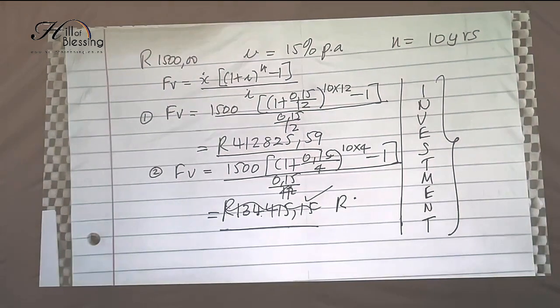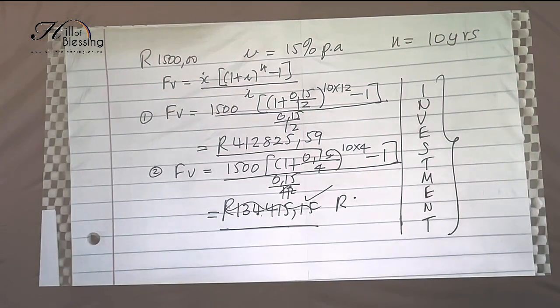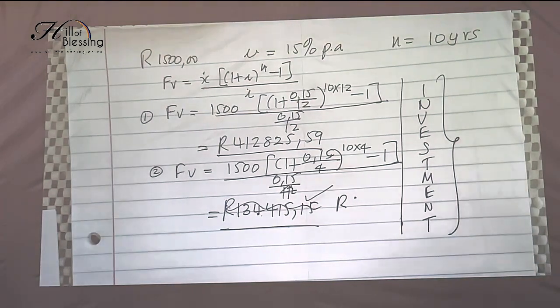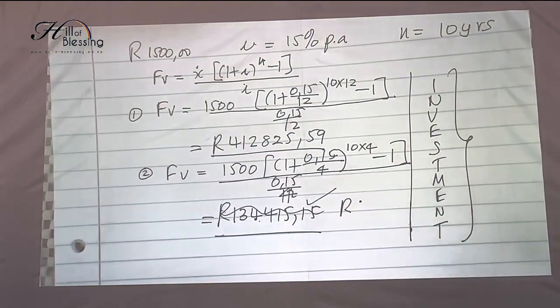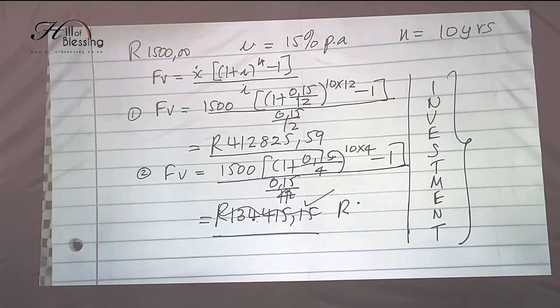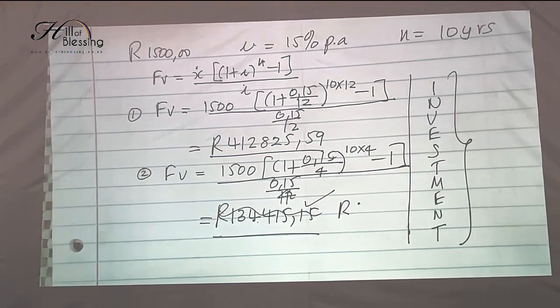So, in this example here, the question is saying, okay, I want to invest 1,500 Rand into this account here, right? And the interest rate is 12% per annum, and you don't know how much you're going to receive if you put this away every month. So it's 412,825.59, in the first case.